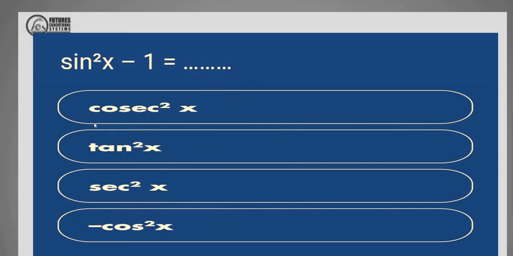Let's go to this example. Sine power 2x minus 1 equals... We know that sine power 2x plus cosine power 2x equals 1.